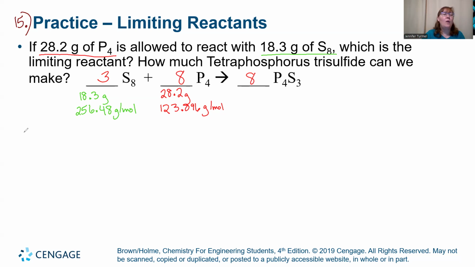We want to know how much tetraphosphorus trisulfide we can make. This is our unknown, and the molar mass for this one is 220.076 grams per mole.